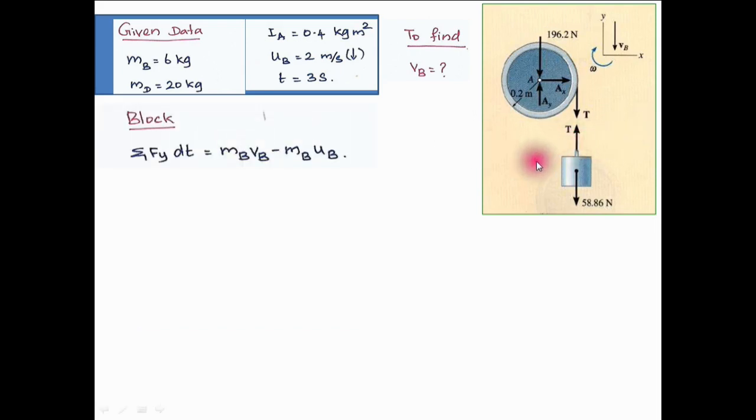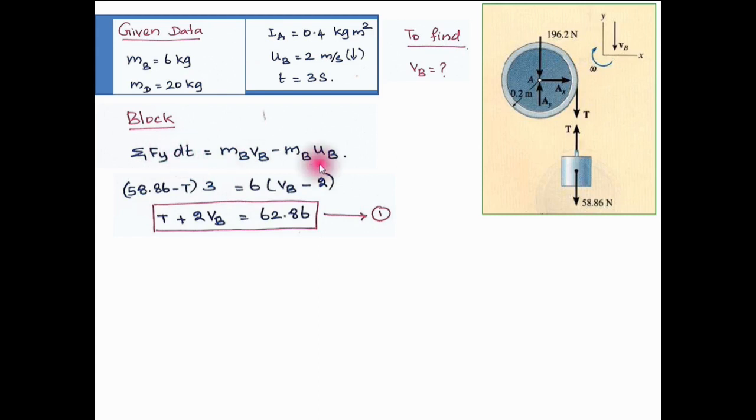Let us consider this cylinder. The cylinder is moving only in vertical direction. That means it is having only linear movement. So apply the linear impulse momentum equation. Linear impulse equal to change in momentum.